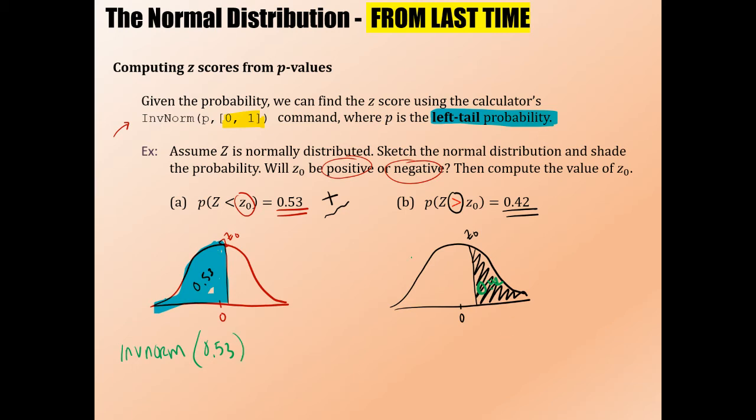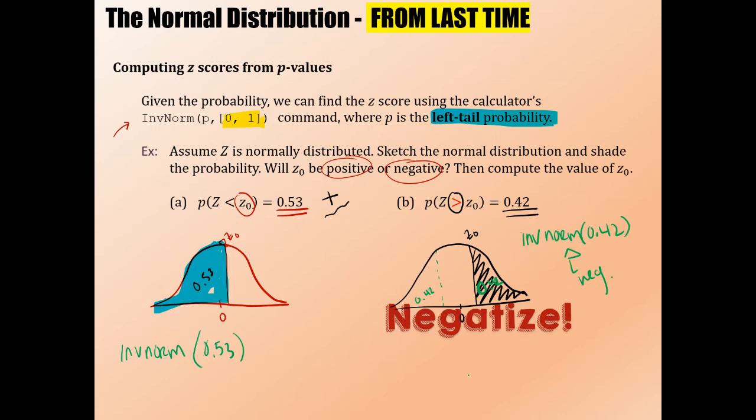Over here, I want to make sure that I'm paying attention to the fact that when I do inverse norm of 0.42, it's going to produce a negative value for me because it's going to be the reflection of this, right? I'm going to be looking at this over here where this is 0.42. So I want to figure out, no, I want it on the other side. So I could negate it.